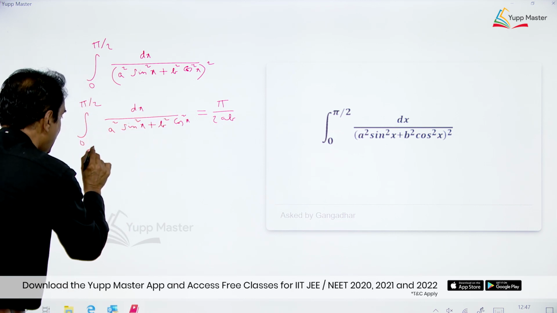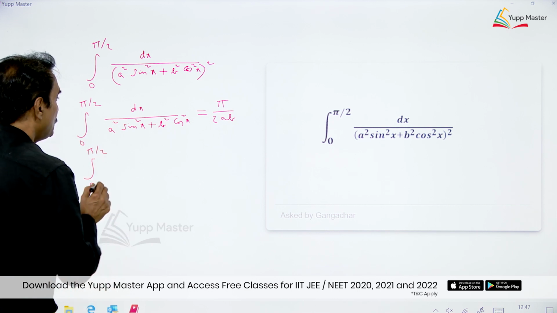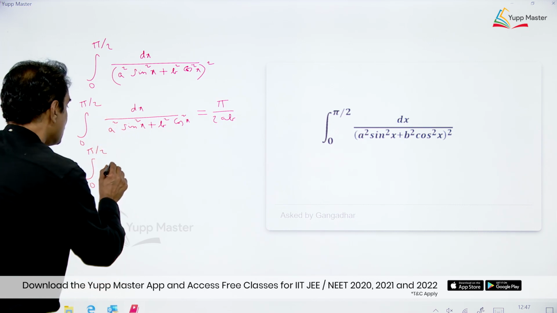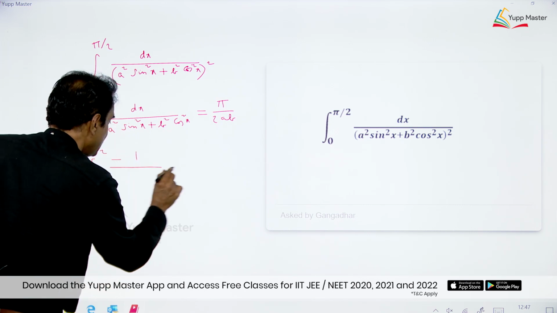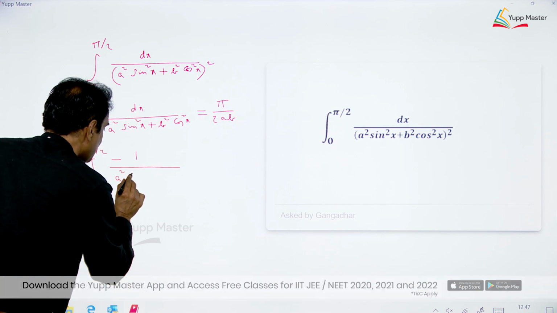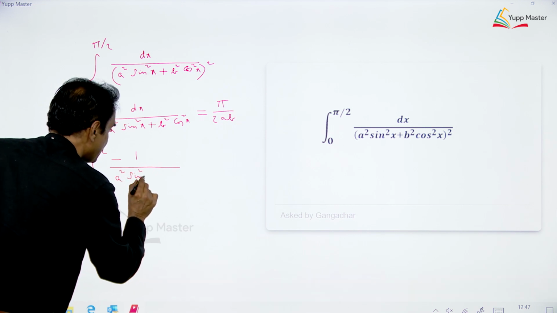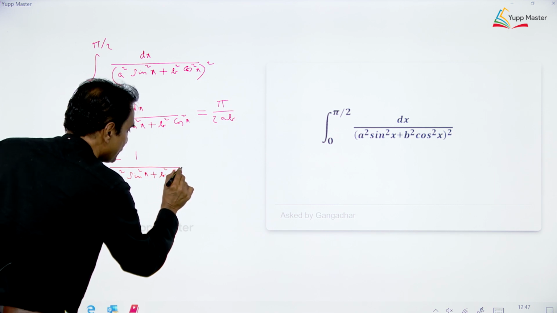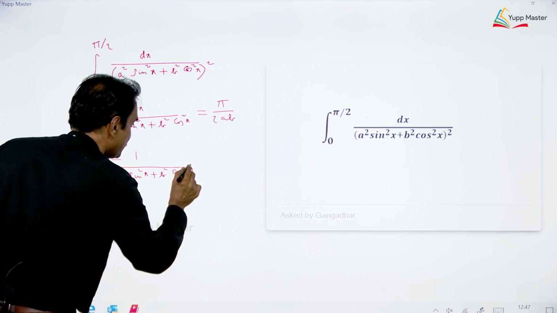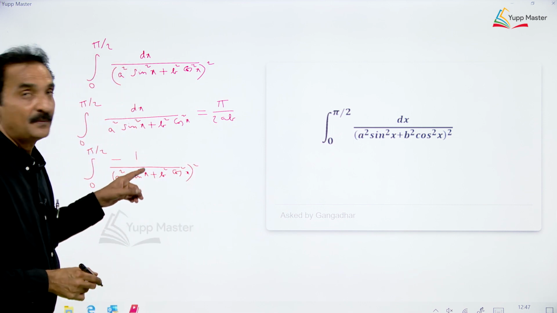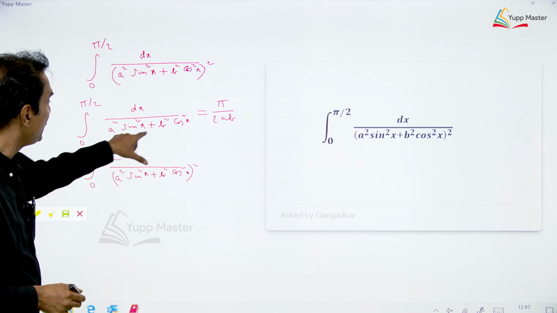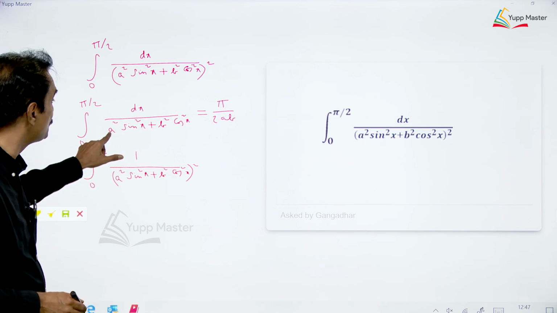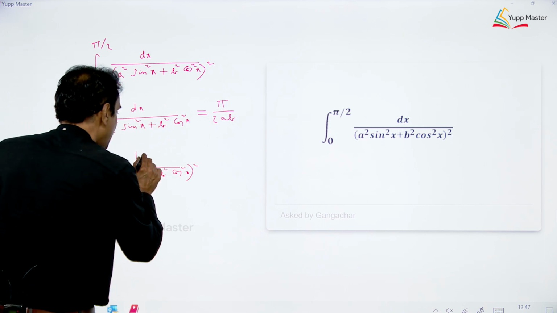Integral 0 to pi by 2. What is the derivative of 1 by t? Minus 1 by t square. So we will get minus 1 by a square sin square x plus b square cos square x whole square into the derivative of a square sin square x plus b square cos square x, which is 2a sin square x.